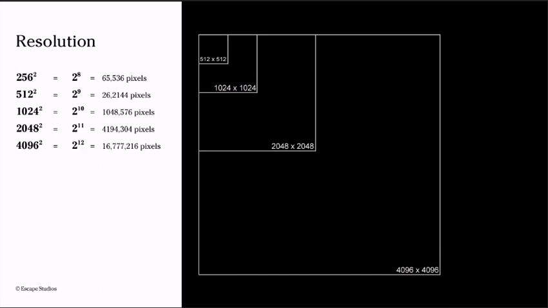And if by chance we made a texture map which was 1024 by 1050 pixels, it would use as much RAM as one that was 2048 by 2048. So you can see immediately the efficiency gained by us following these conventions.